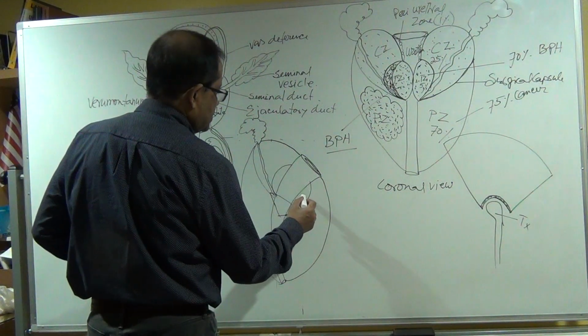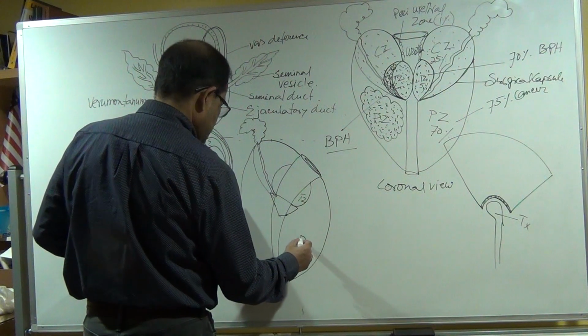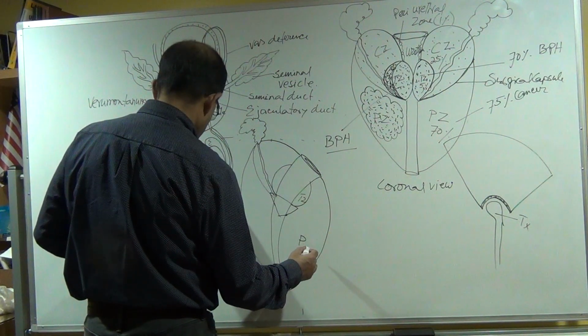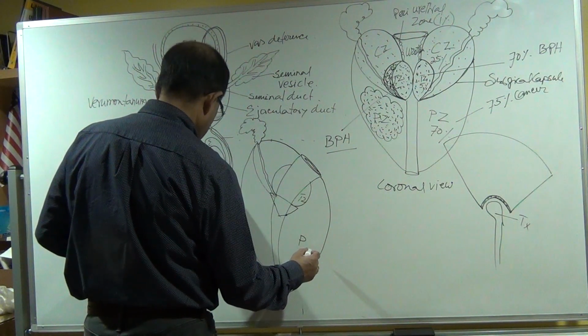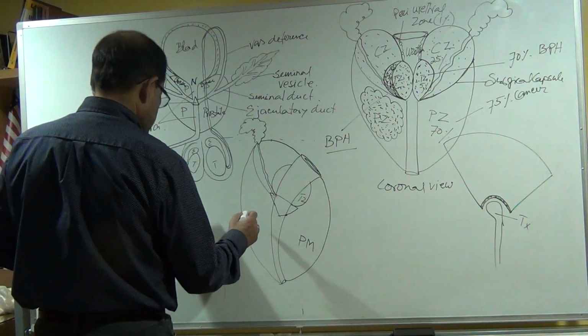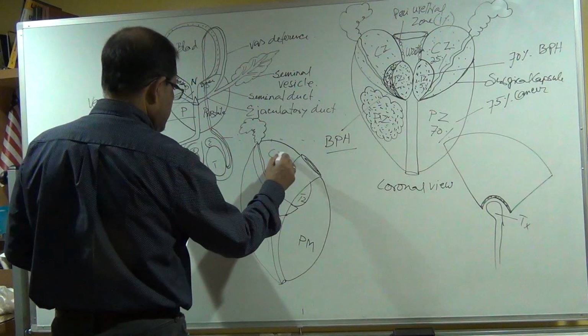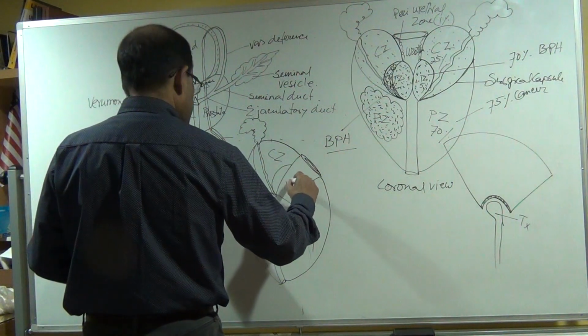So this is the transitional zone, this is the fibromuscular zone, and this is the peripheral zone, and this is the central zone. This is the urethra.